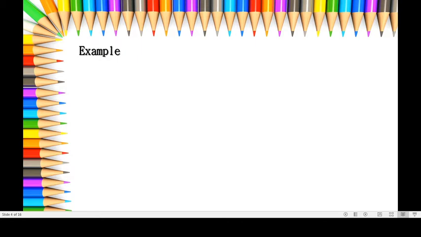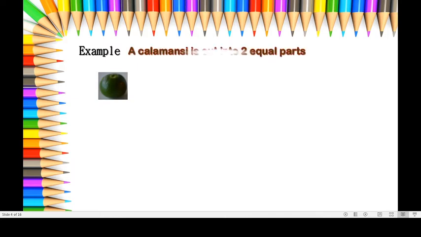For example, this calamansi is cut into 2 equal parts. And each part is 1/2 of a calamansi. 1/2 and another 1/2. 1/2 is less than the 1 whole calamansi.